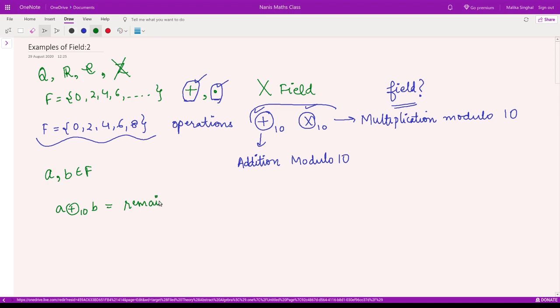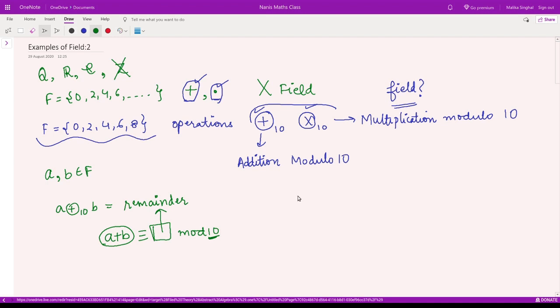Remainder of what? If I divide a plus b by 10, it is called mod 10. Whatever is the remainder, that comes out here. So a addition modulo 10 b gives the remainder when a plus b is divided by 10, right?